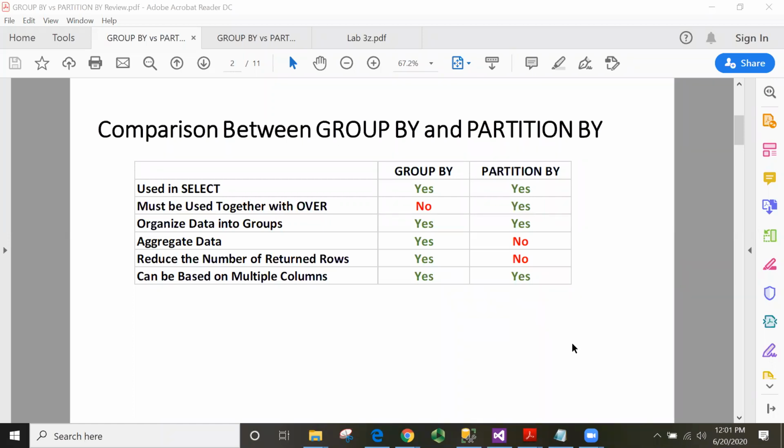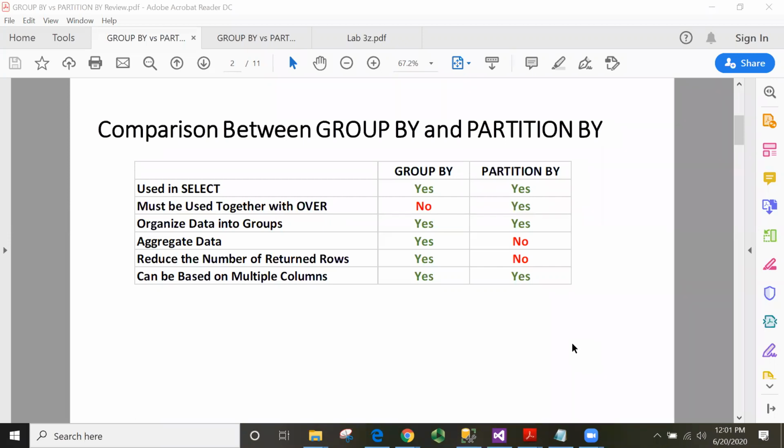Keep in mind, if we want to find out the top performer or the worst performer in each group for many groups, the best way is to use rank, right?